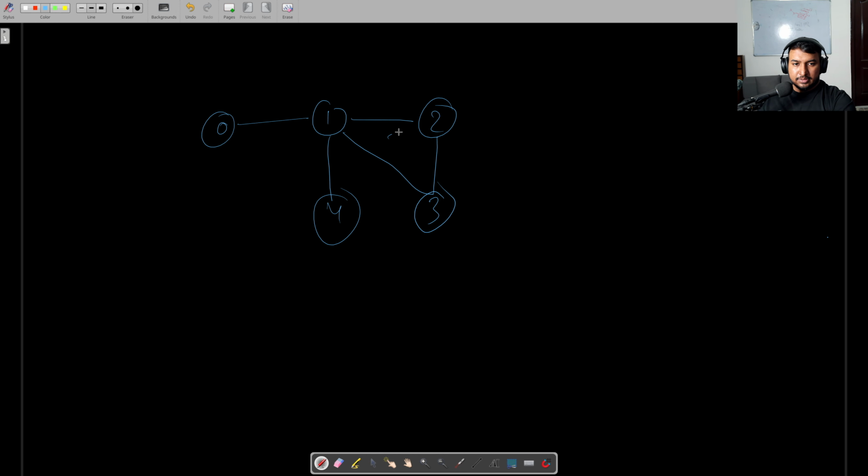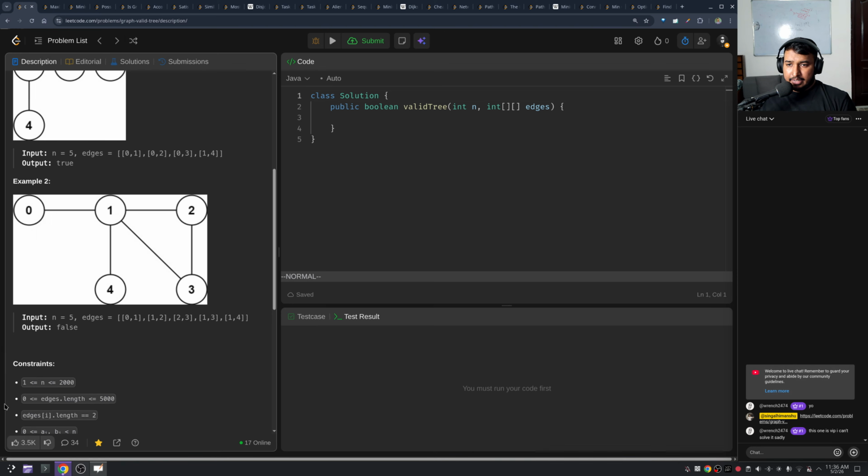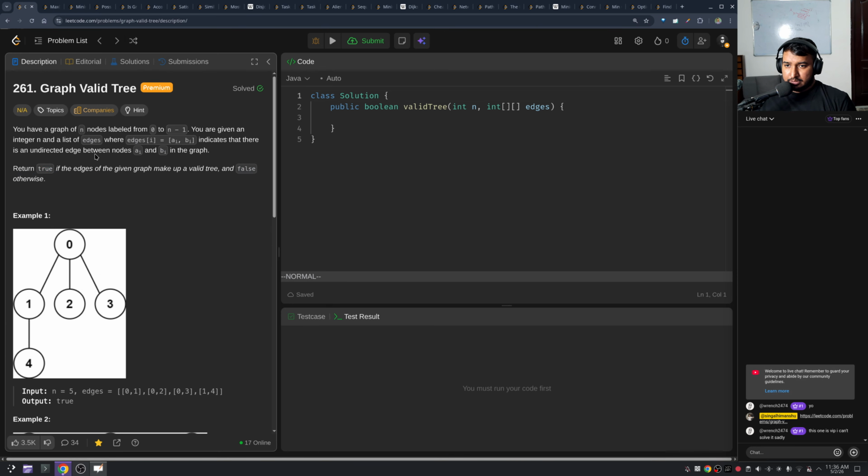The problem is this is a cycle, right? In a graph you can have cycles, but a tree is just an acyclic graph. It shouldn't have a cycle.